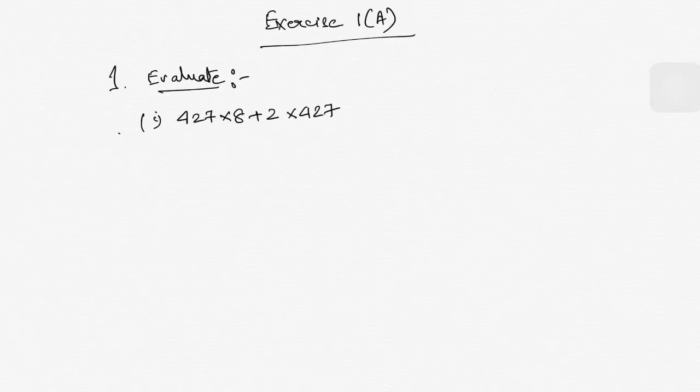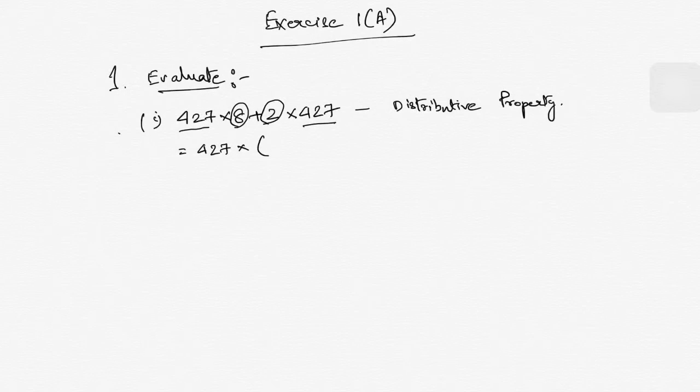Now this is the distributive property, so we have to see which is common. In both we see 427 is common. So we take 427 into, now what is left is 8 and 2, and the sign is plus, 8 plus 2.